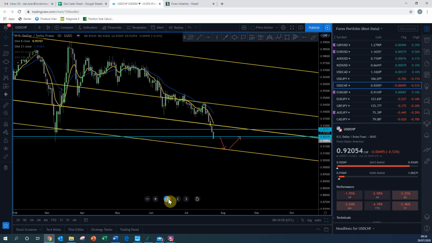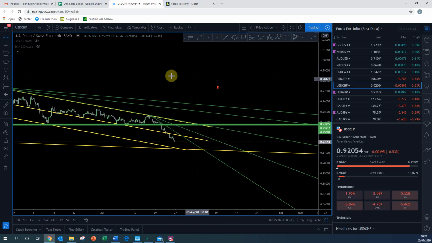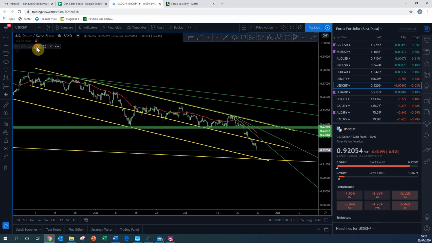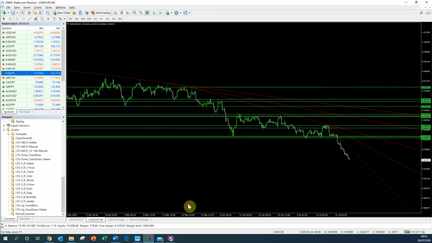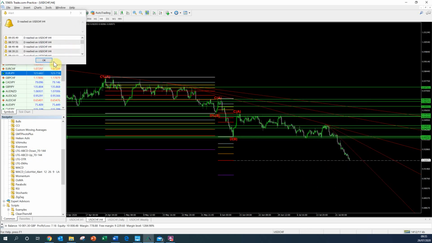And then I can go on to the 4 hour, and this is where I like to implement, see if my moving averages are in play, which they're not at the moment. And I also put in maybe a Fibonacci. I'll put in my Fibonacci here. So as we're in a downtrend, I'll put my down Fibonacci on. And that's perfect.